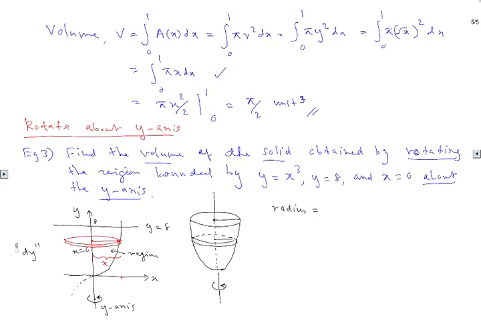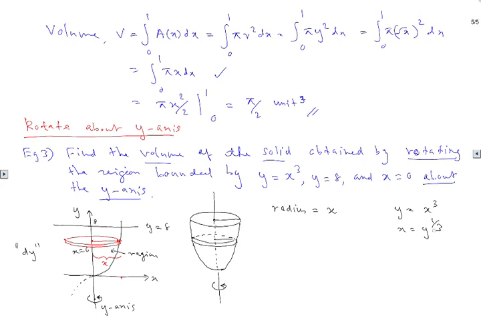Good. So the radius is the x coordinate now, which means you need to solve for x. We know that y equals x cubed, so x equals y to the 1/3.